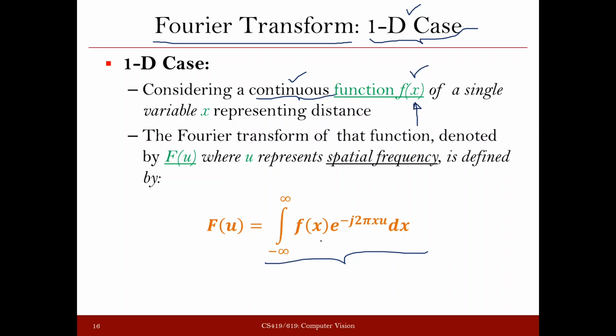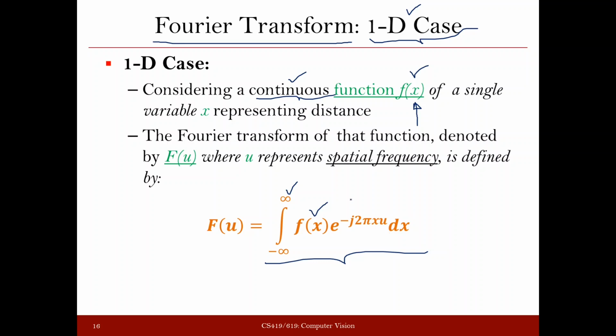This formula says that you multiply the function f(x) by e to the power minus j 2 pi x u dx, and you integrate this from minus infinity to infinity. Whatever you get will be the representation of your f(x) in the frequency domain.